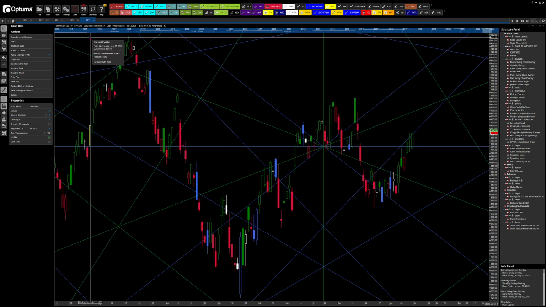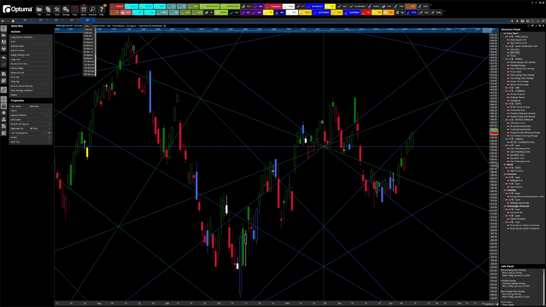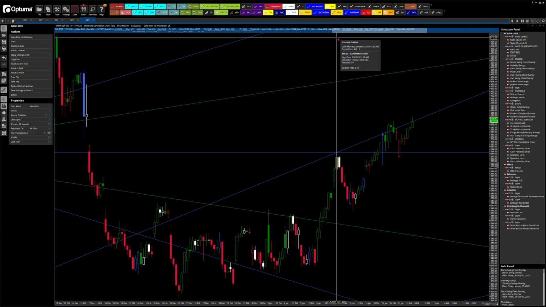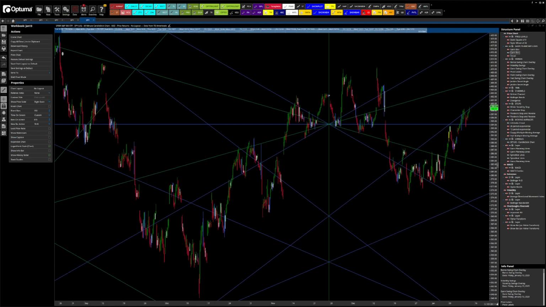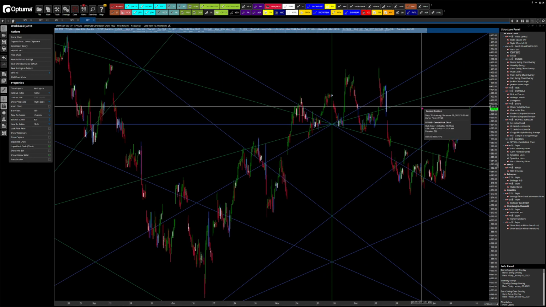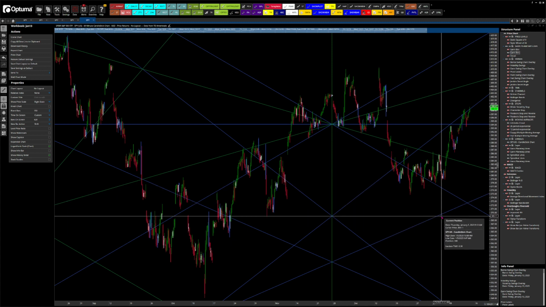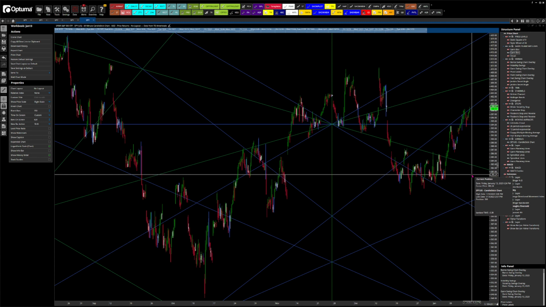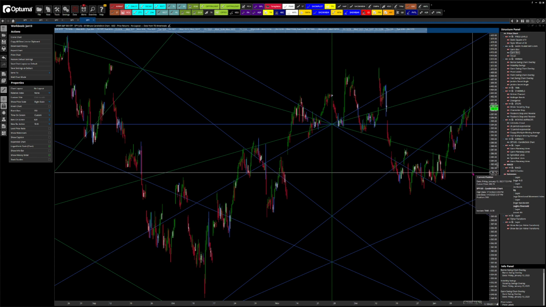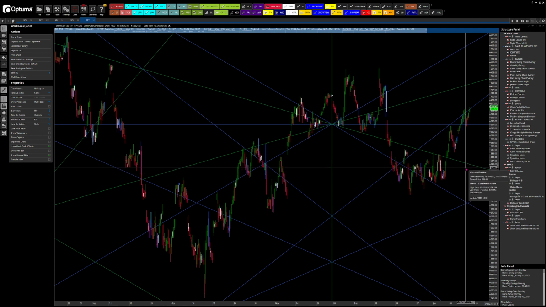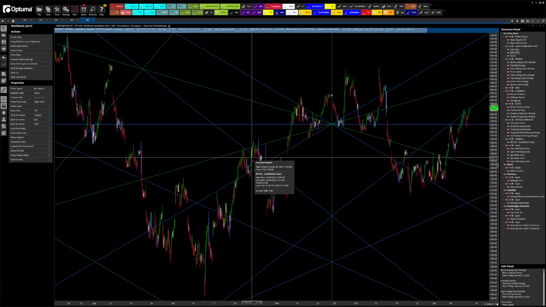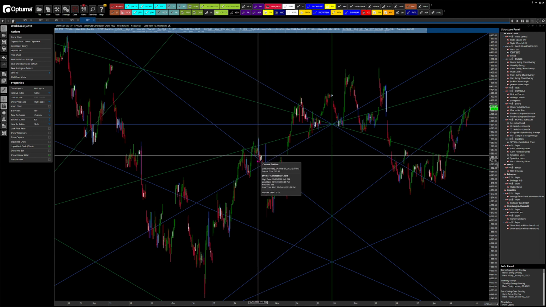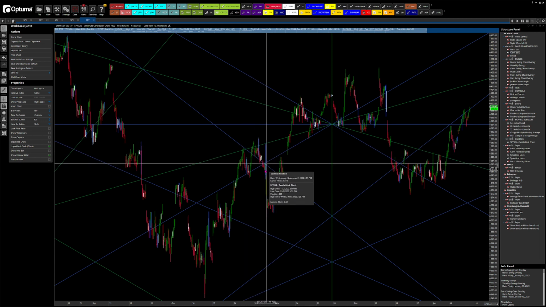Let me do a quick look on how it looks on the 65-minute. So there, yeah, for example here, as it was doing that, one could have been saying, oh, okay, well, it's in a rather confined area between these lines, so let's see what happens.